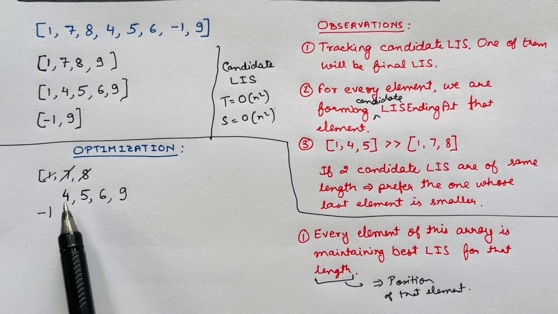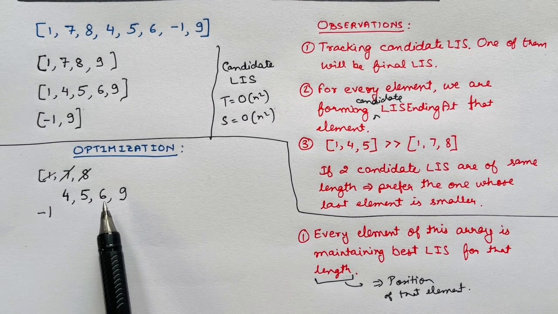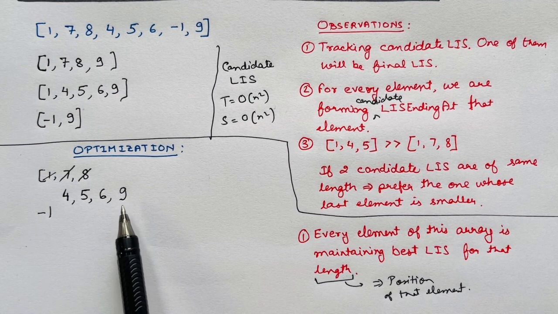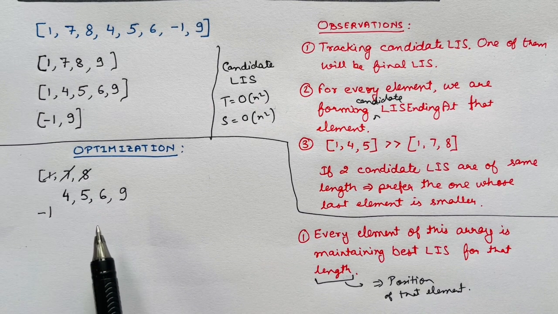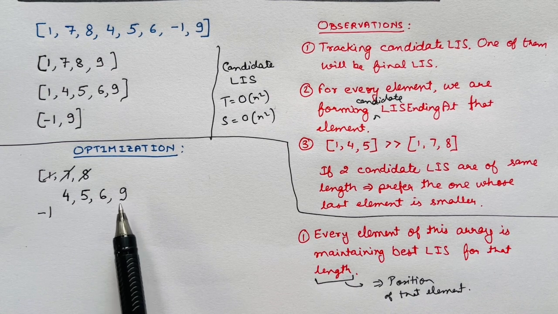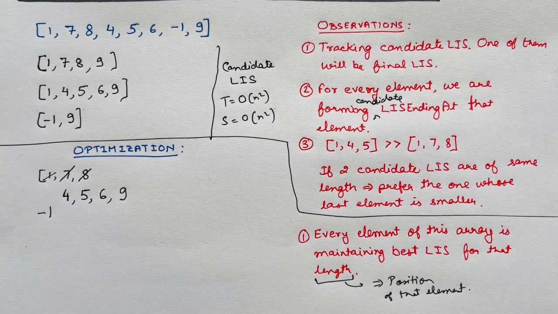For length 2, it is one that ends at 4. For length 3, one that ends at 5. For length 4, one that ends at 6. For length 5, one that ends at 9. So it is representing every LIS by the last element of that LIS. And since there is at least one LIS of length 5, our answer becomes 5.